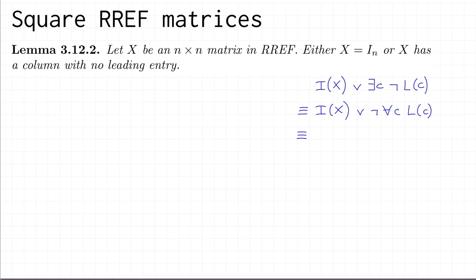And there is a logical equivalence for statements like that as well. So again, it's an important one to remember, and the equivalent form is an implies statement. So the equivalent form is for all C, L of C implies I of X. Okay, what's that saying in our interpretation? It's saying if every column has a leading entry, then X is the identity.